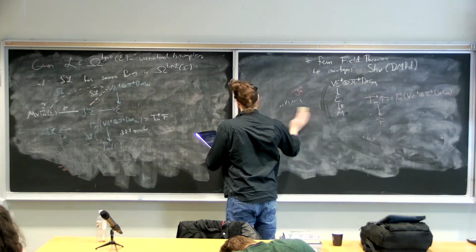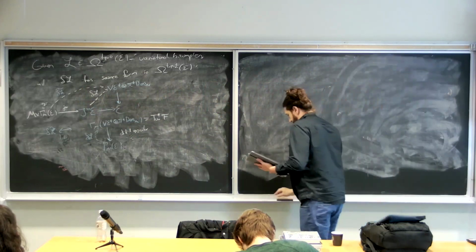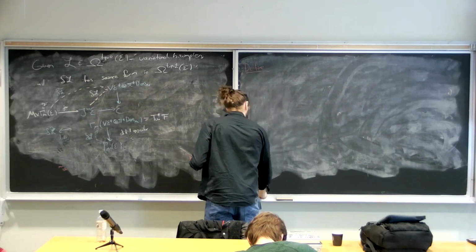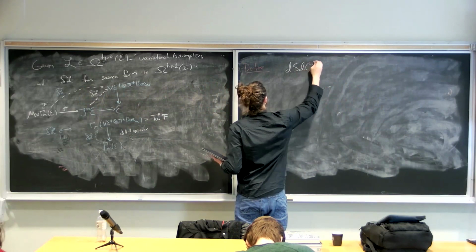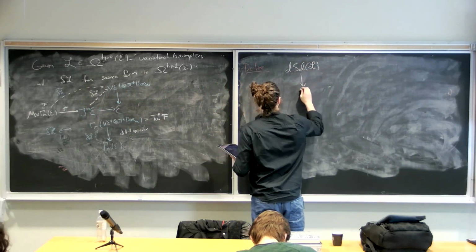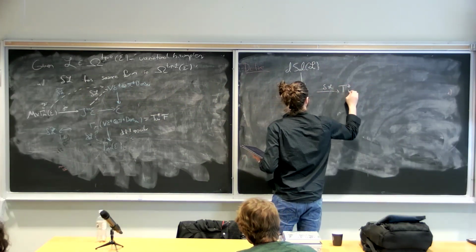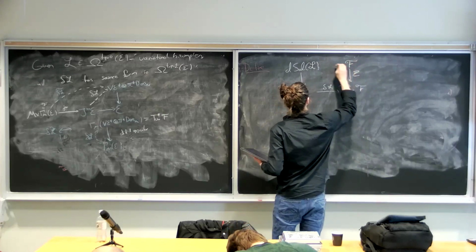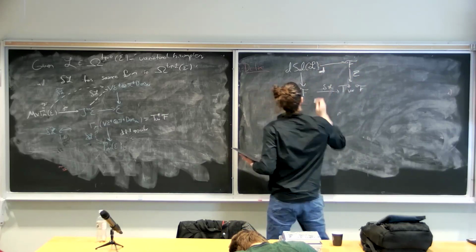So this allows us to talk about the derived critical locus right away, because we can just define, say, Sol of L, the derived solutions to the field equation associated to L, as this fibered product, where I go like this to T star var F, and I go by F, with an obvious notion of a zero section here, and then I just take this pullback in the topos.